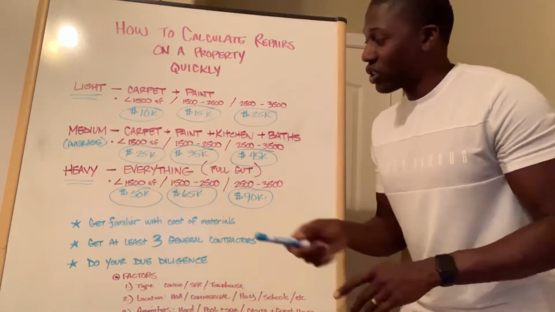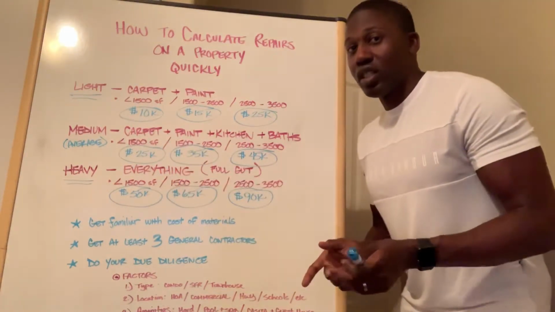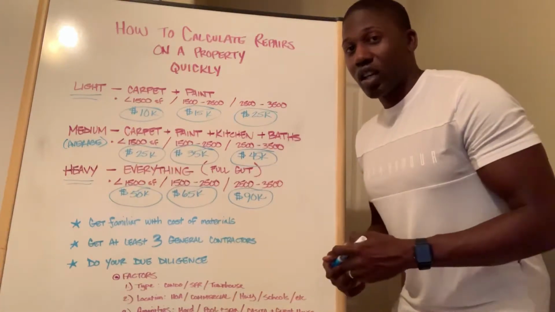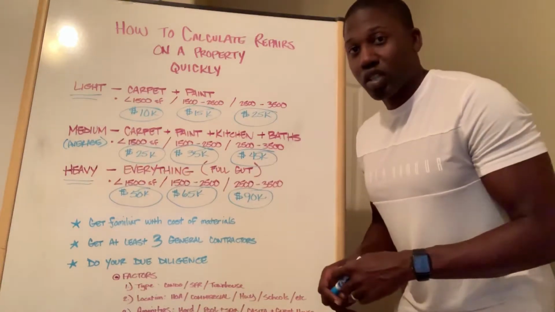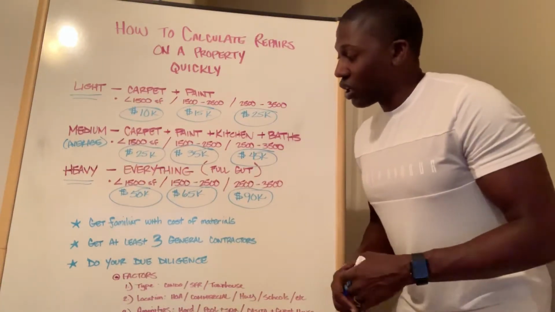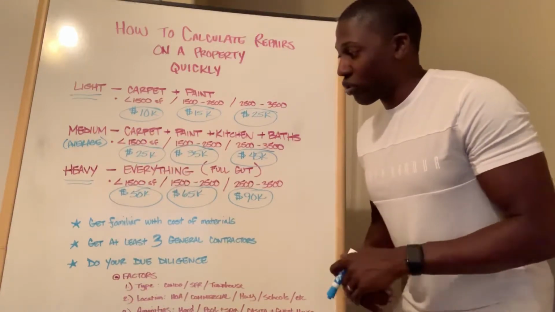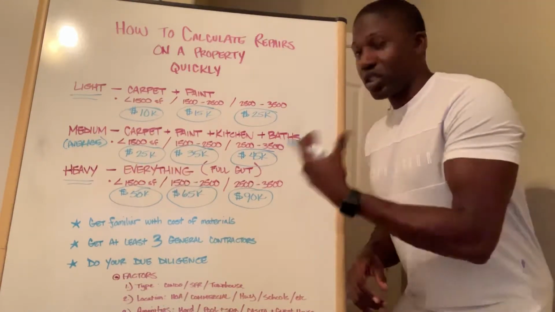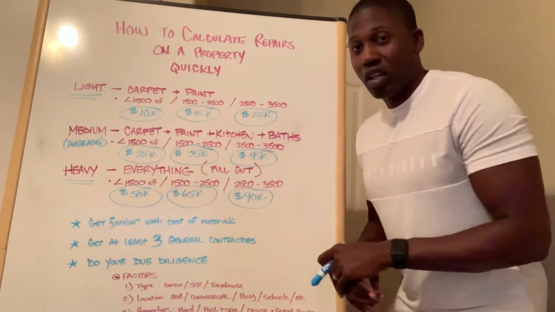All you've got to do is figure out the square footage of the property you're making these estimates for, and see how much those materials are per foot in regards to the flooring, carpet, laminate and hardwood flooring, things of that nature, as well as check out the paint department and see how much the paint goes.